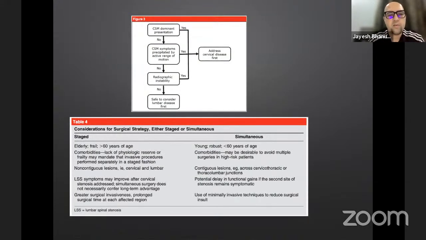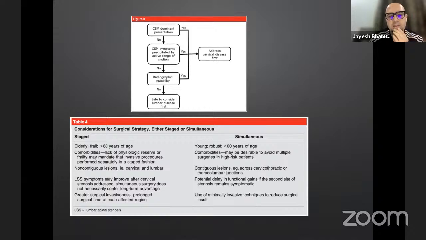Here's a flow chart that helps us decide whether to address both or which comes first. If the patient has a CSM dominant presentation, of course we address the cervical first. If there are no myelopathy symptoms but there is radiological stenosis, we check whether the myelopathy symptoms are accelerated by active range of motion.